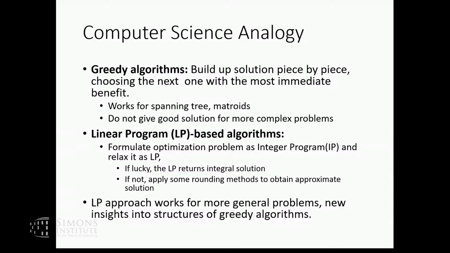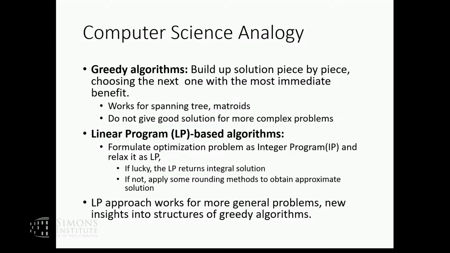If not, we try several methods to round this fractional solution to a nearby integer solution. The beauty of this approach is that it works for a much broader range of problems, but also gives insight into why the greedy algorithm works for certain problem structures.